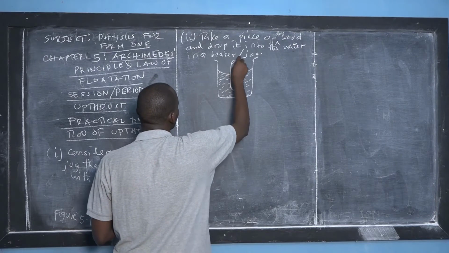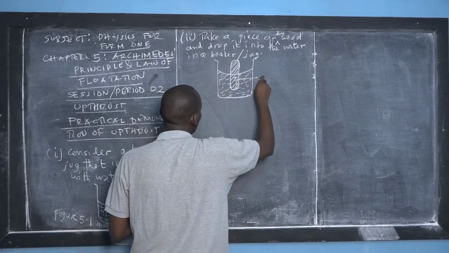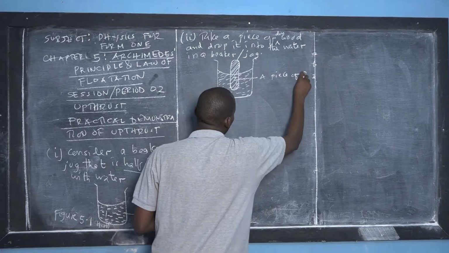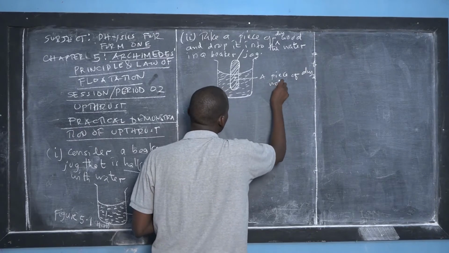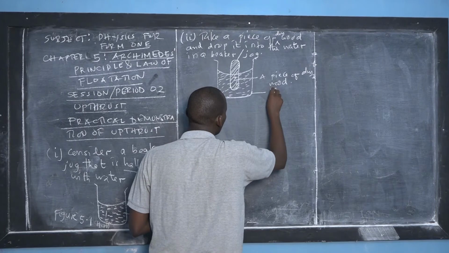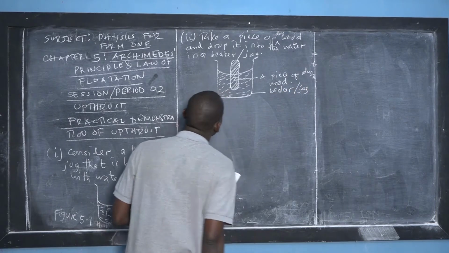Kwa hii ndio piece of wood. Kwa hii ndio naita a piece of dry wood. And then this one is called a beaker or a jug.